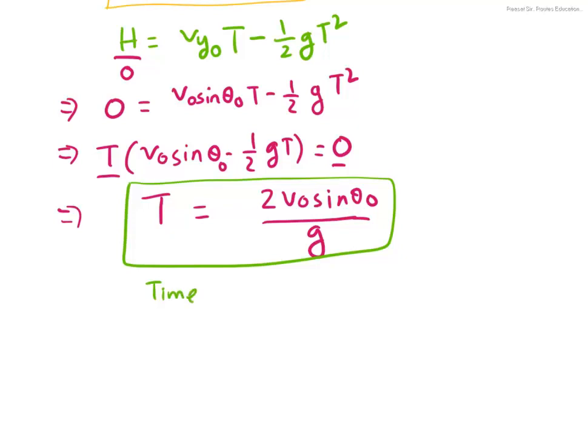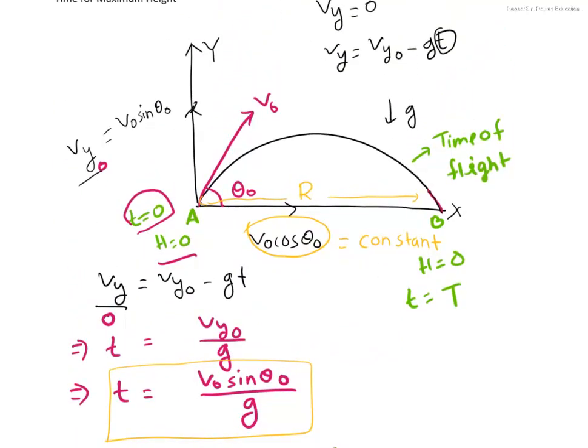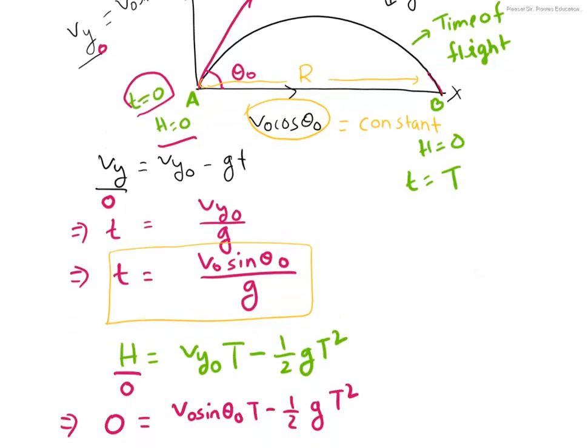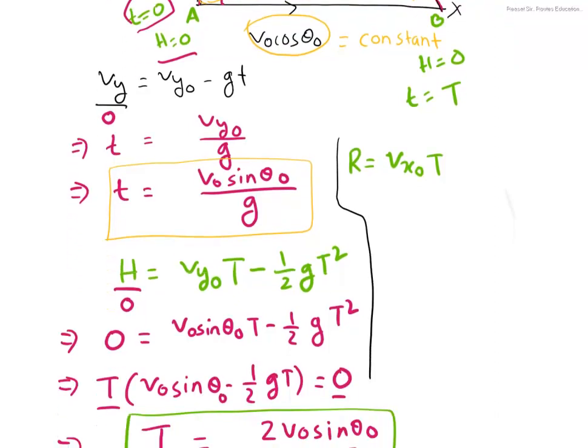So we've found another formula, the time of flight. From this we're going to calculate the range of the projectile. R equals the initial velocity in the x direction times the time period, Vx naught times T. So Vx naught T is the range of our projectile.